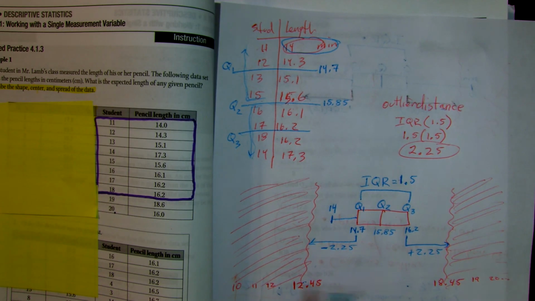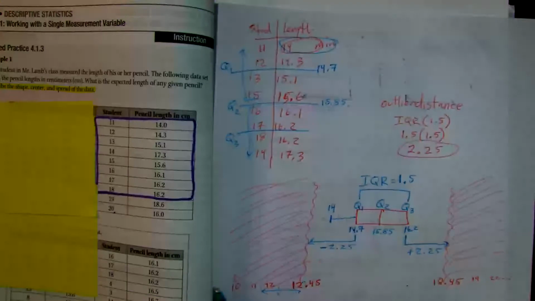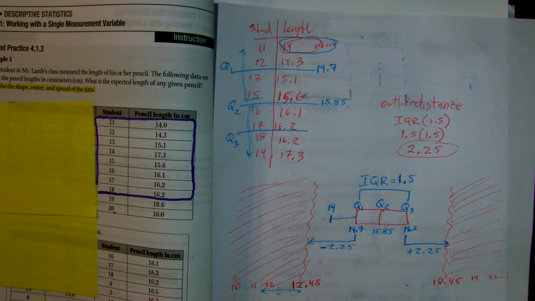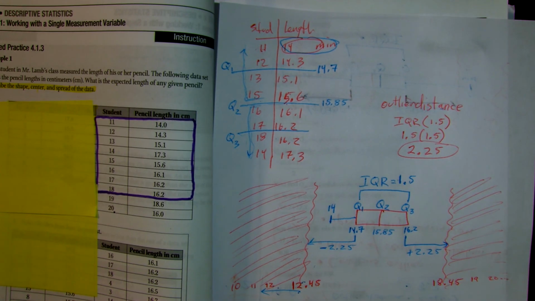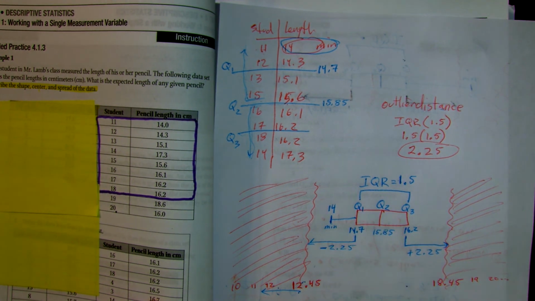Because the outliers are this side of 12.45. 12, 11, 10, 9, 8, 7, 6, 5, 4, 3, 2, 1. Those are outliers. Is 14 less than 12.45? Think about that. Nope. So our minimum did not end up in outlier territory.